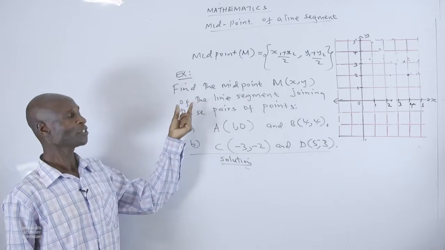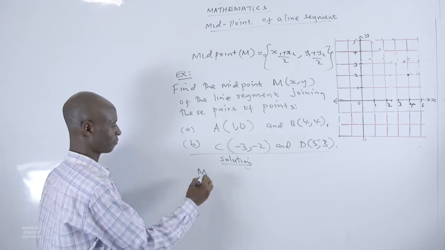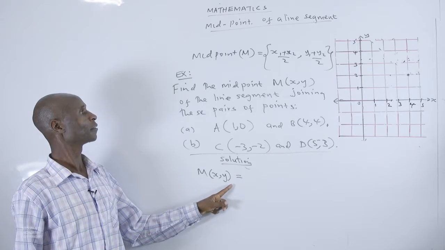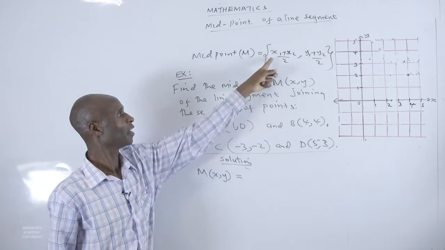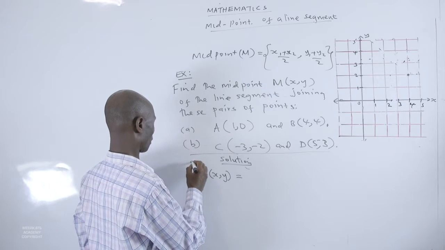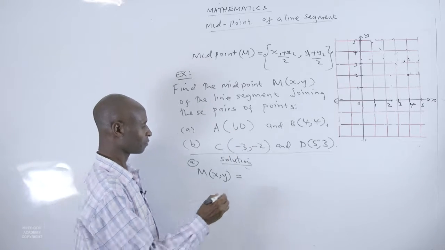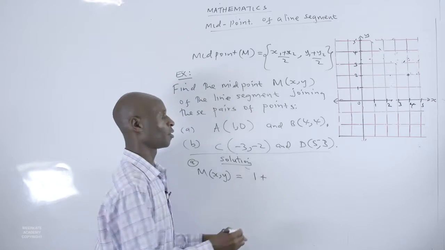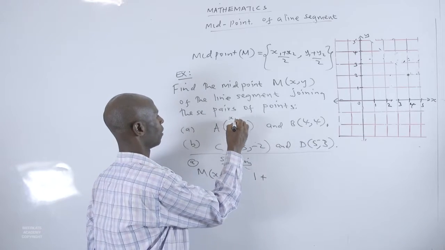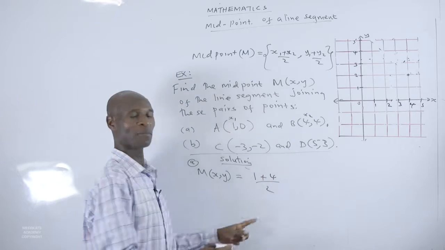To find the midpoint, we represent it by letter M, which will be given by, we take x1 for part A, x1 is 1, plus x2 is 4, divided by 2.